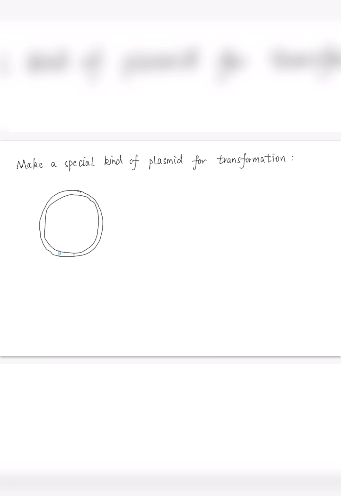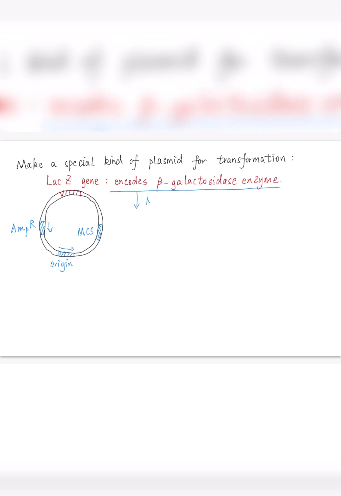Well, scientists have come up with an idea of making a special kind of plasmid for transformation. The one that we used in our experiment is pUC19. It contains not only the antibiotic resistance gene, the origin, the MCS, but also a special gene called the lacZ gene. It encodes the beta-galactosidase enzyme.